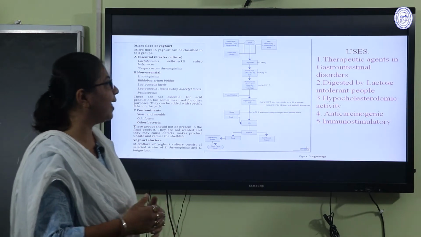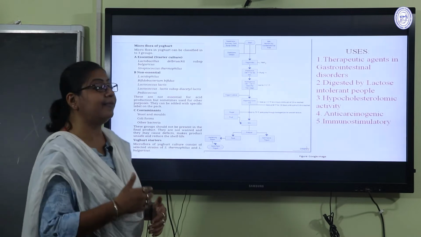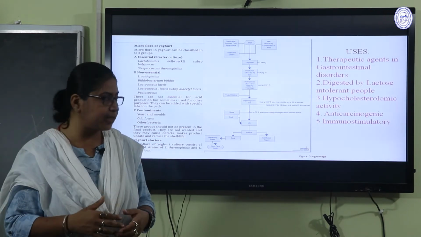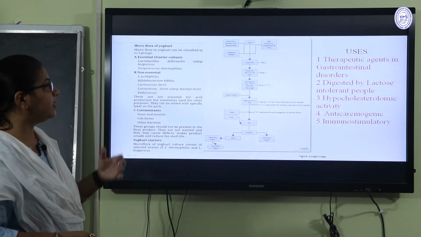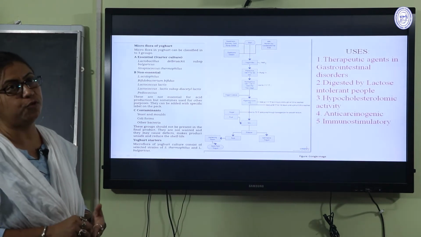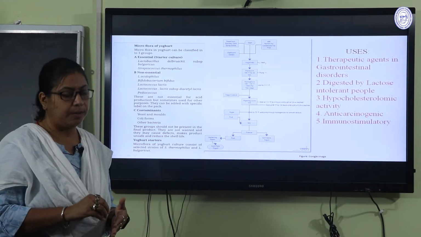It helps in the digestion of lactose for lactose intolerant people. It lowers cholesterol levels. It is anti-carcinogenic and immunostimulatory as well. So these are the reasons why we want yogurt in our food on a daily basis, to maintain a healthy gut biota.